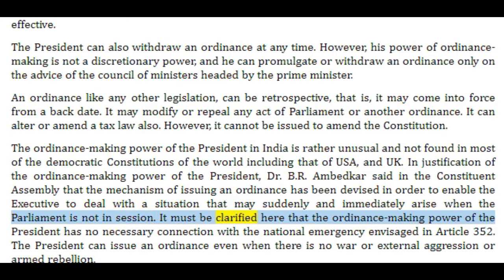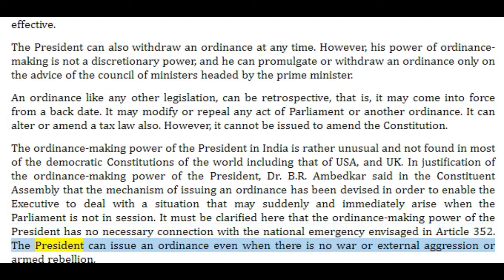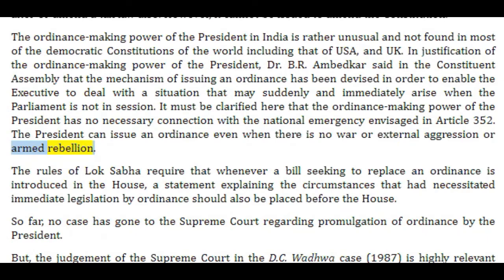It must be clarified here that the ordinance-making power of the President has no necessary connection with the national emergency envisaged in Article 352. The President can issue an ordinance even when there is no war or external aggression or armed rebellion.